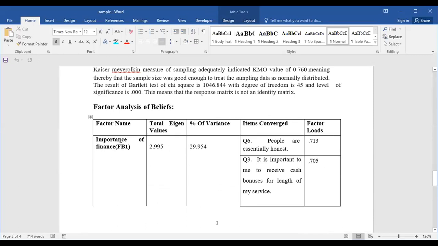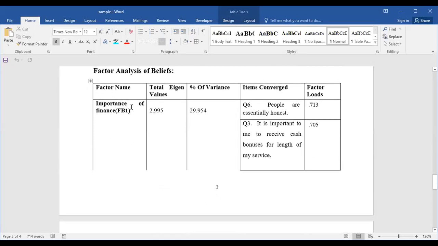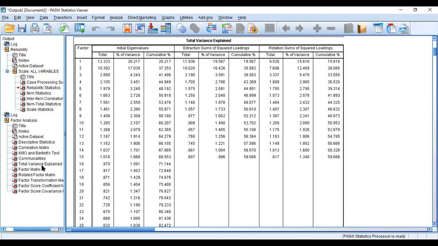Suppose you have to write the result about the first factor. You do not know the name of the factor, so you name it just as factor 1. The total eigenvalue would come from the total variance explained table.